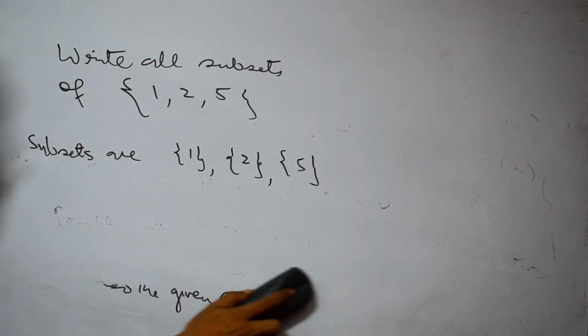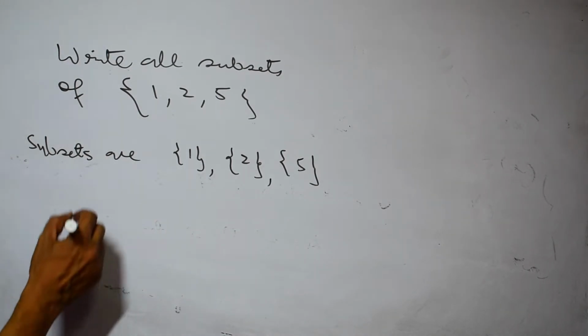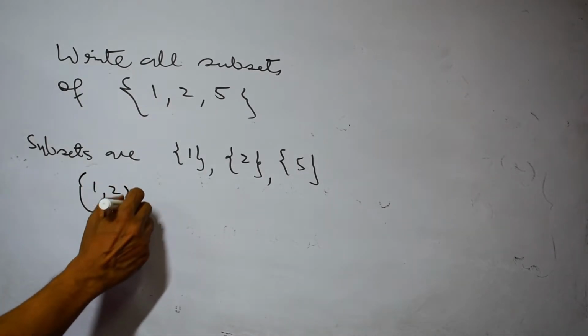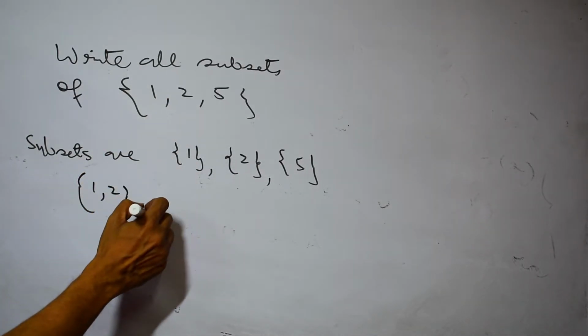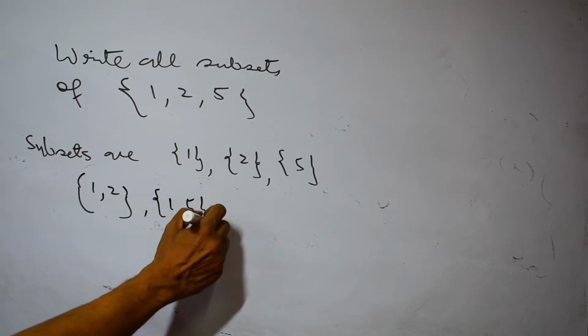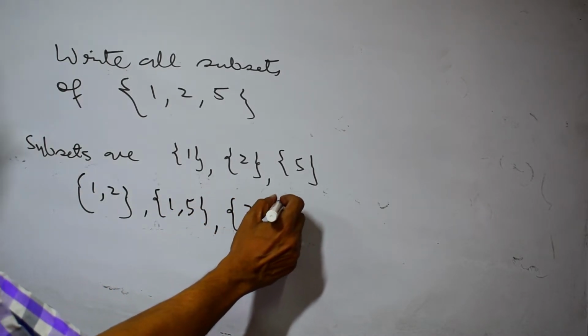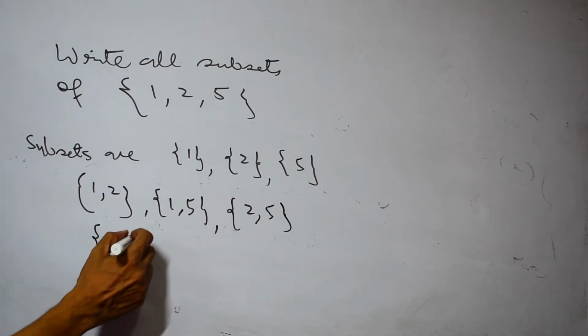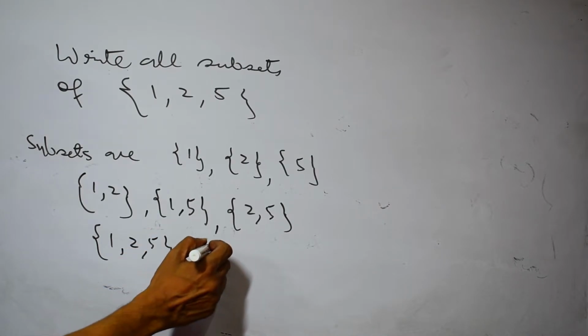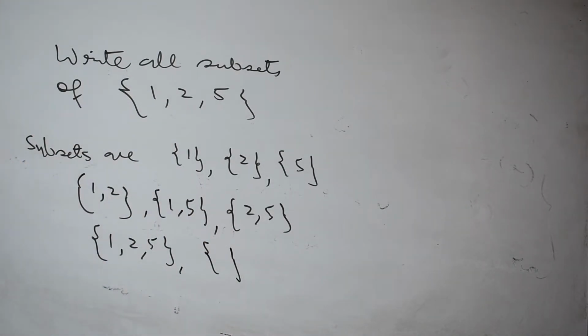Then subsets 1, 2; 1, 5; 2, 5, that means taking two at a time. And also the given set {1, 2, 5} as well as the empty set. So subsets are all the smaller or equal portions of the set, including the null set.